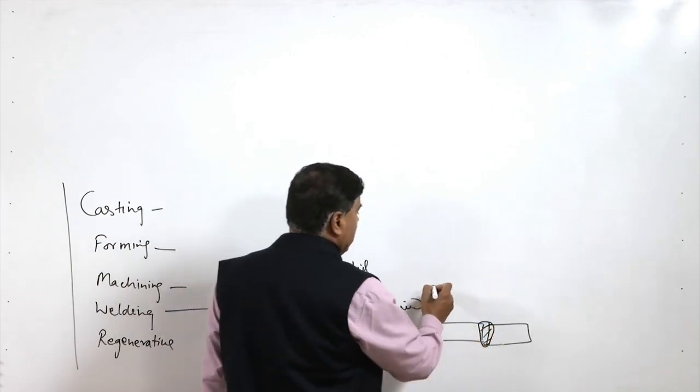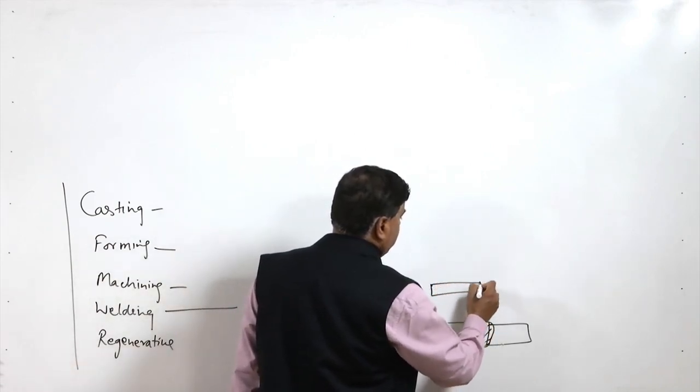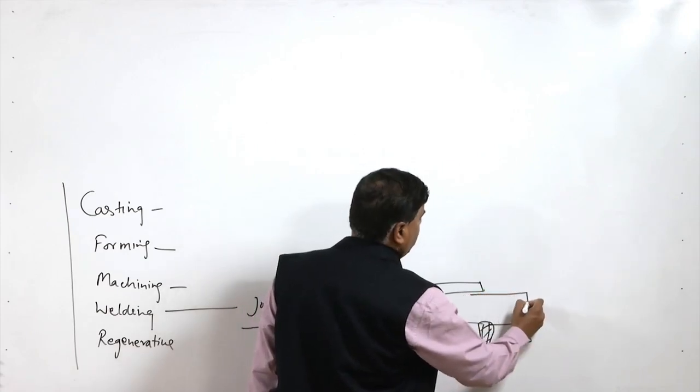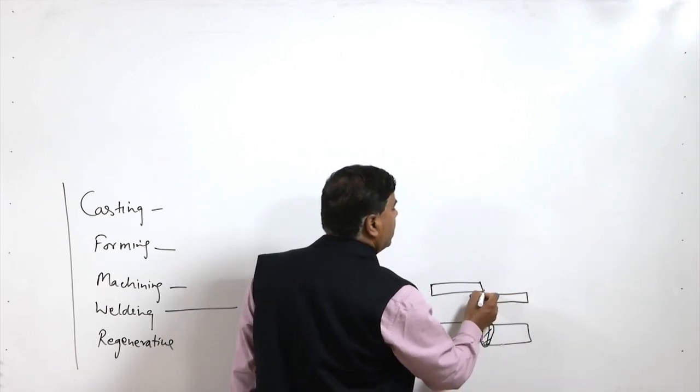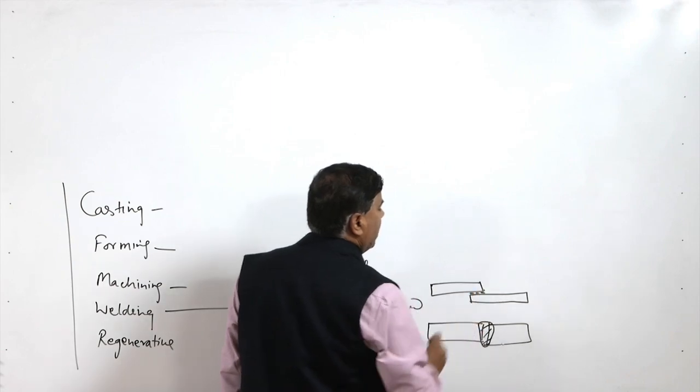In case of the solid liquid joining processes, the components to be joined are just heated, so that a low melting point material can be filled in.